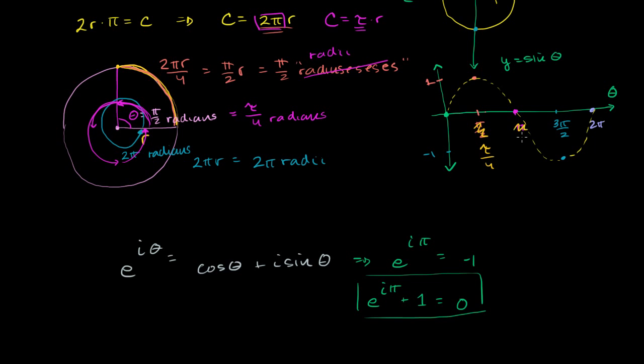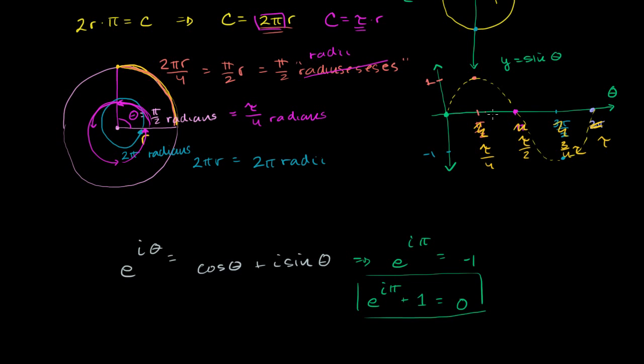Pi is the same thing as tau over 2. 3 pi over 2 is 3 tau over 4, 3/4 tau. And then 1 revolution is tau. And then immediately, when you look at it this way, you know exactly where you are in the unit circle. You're 1/4 around the unit circle. You're halfway around the unit circle. You're 3/4 the way around the unit circle. And then you're all the way around the unit circle.